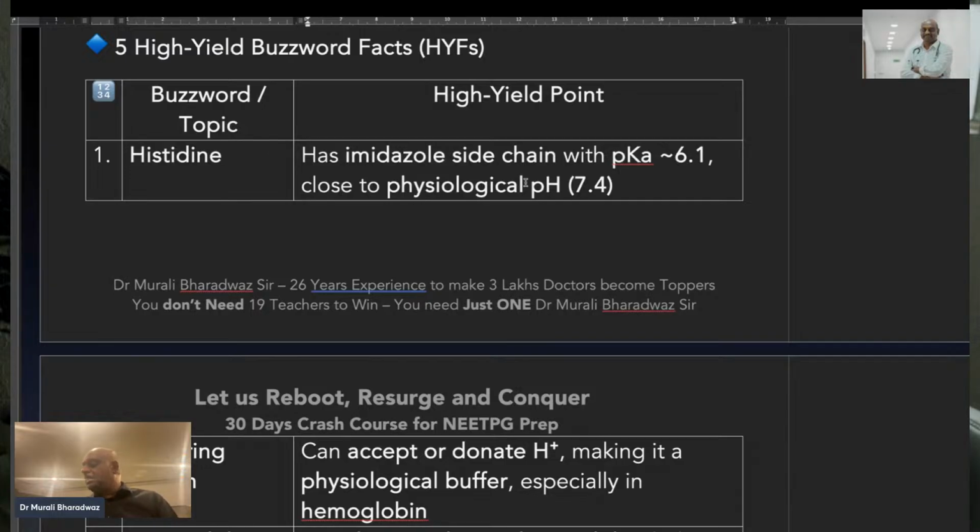Wherever the protein is taking a turn, at the turning point there will be glycine. Then proline is the one which is there in collagen. It is the hydroxylation of the proline that gives the collagen strength. And who does the hydroxylation? Vitamin C. Vitamin C is the coenzyme for hydroxylation.